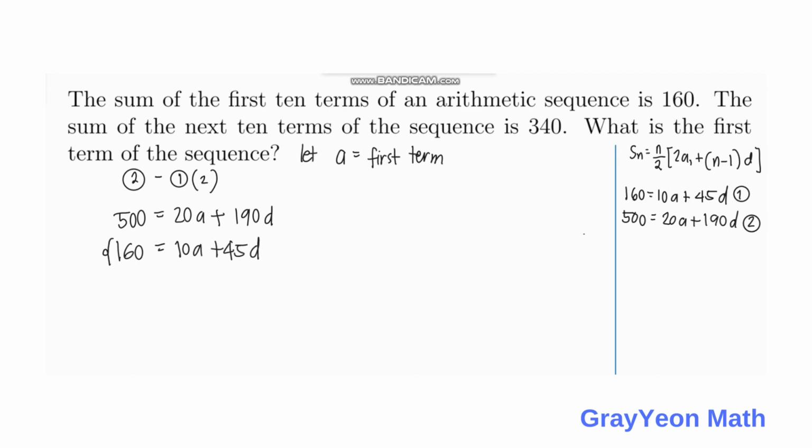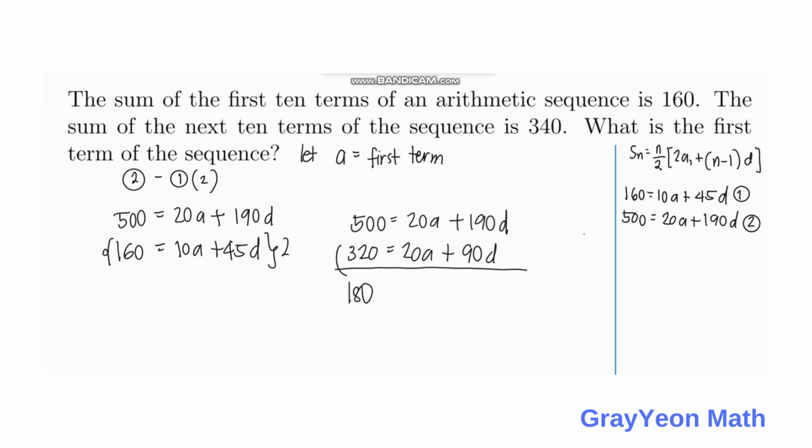If we multiply this by 2, we have 160 times 2, which is 320 = 20a + 90d. And we just copy the second equation, 500 = 20a + 190d. So 500 minus 320 is equal to 180.